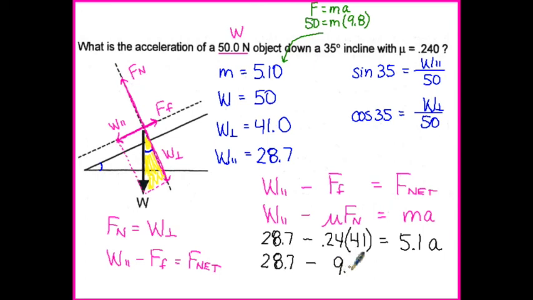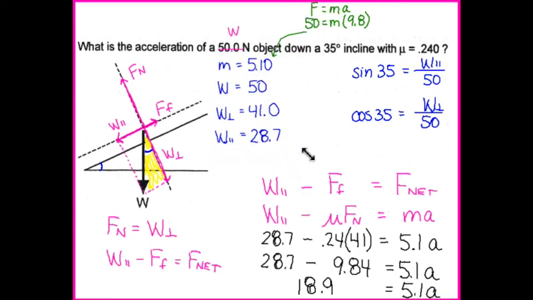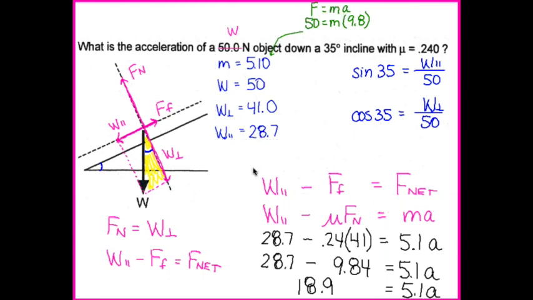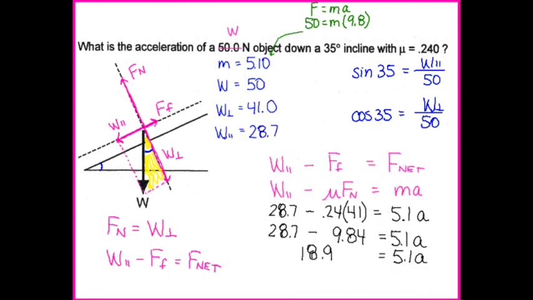I'm going to multiply and I get 9.84. And subtract over here and I get 18.9 equals 5.1a. I'll divide both sides by 5.1 and my answer is 3.71 meters per second squared.